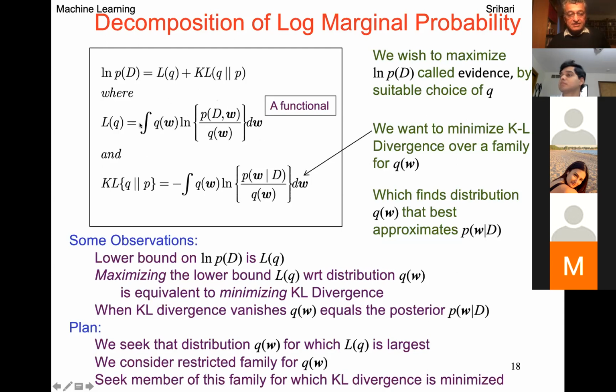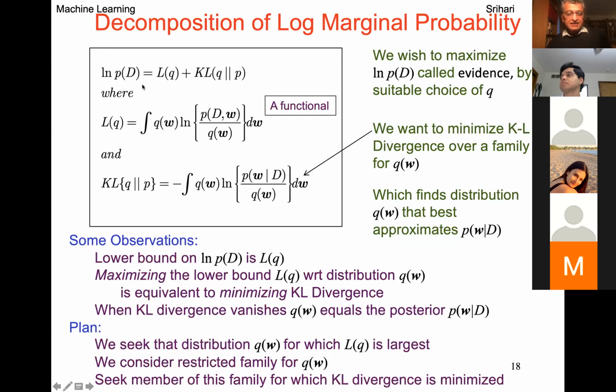And this thing is a functional, we say, because it takes Q as input. What is Q? Q is going to be our approximating distribution we're going to be using in our modeling. So it says that functional can be written as an integral. An integral always gives you a value, a number, and that is this first term.